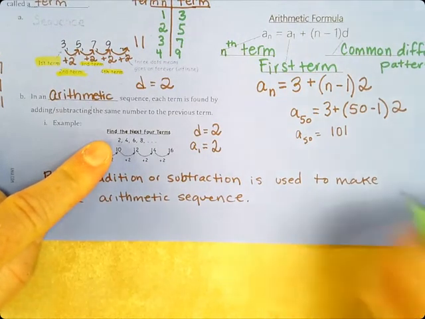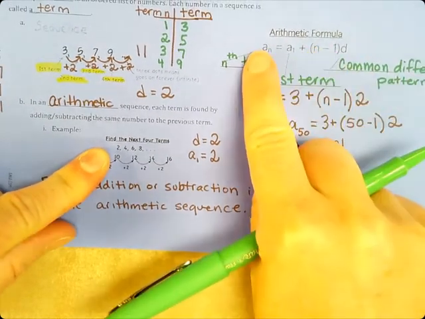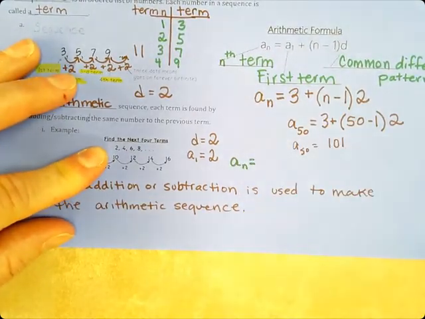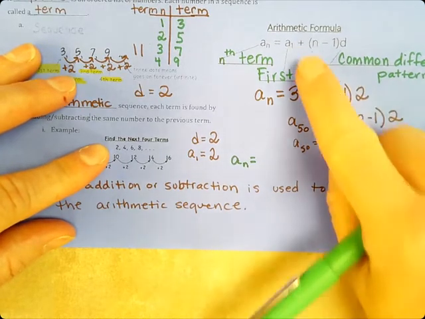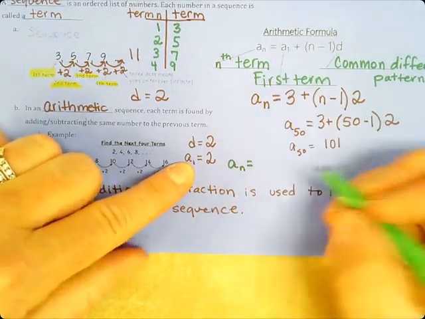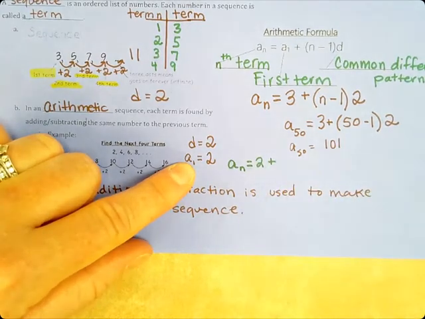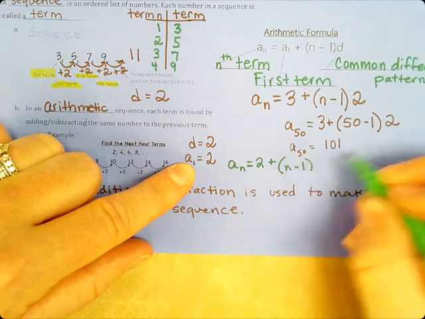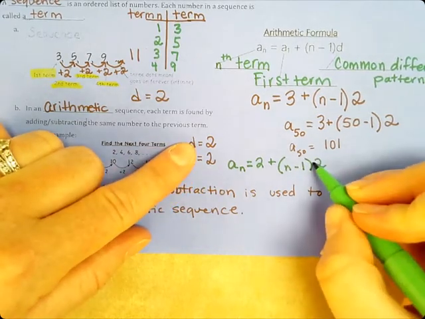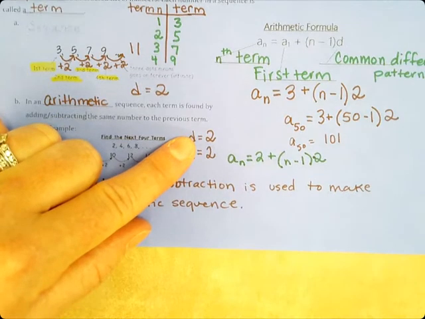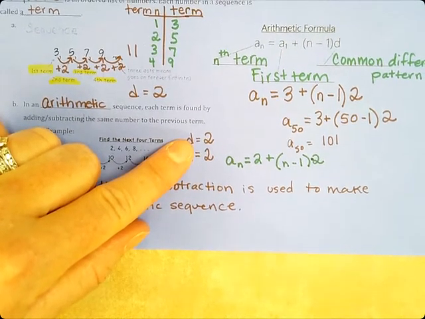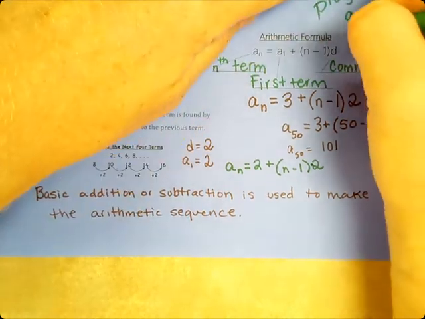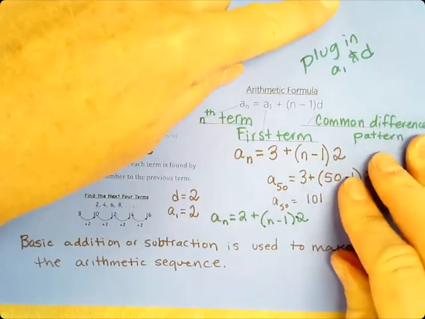So we can write our sequence formula like this. AN equals A1, which is our first term, 2, plus parentheses N minus 1 times D, 2, times 2. So whenever you write your formula, we're going to plug in A1 and D to write our formula.